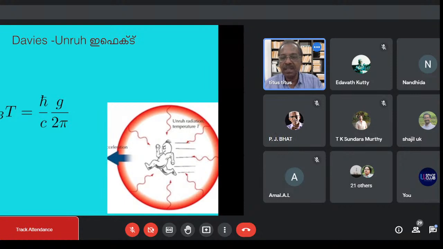Let me make this description once again. The effect proposed by Davies and Unruh, popularly known as the Davies-Unruh effect, says that an accelerating observer will feel that the space-time is hot, and the temperature he measures is proportional to his own acceleration. But an accelerated frame is equivalent to gravity.